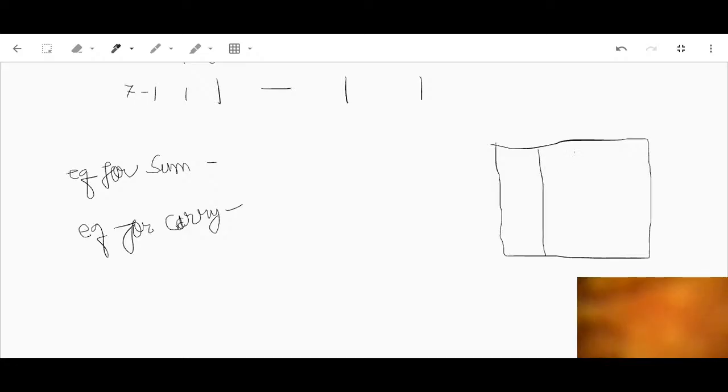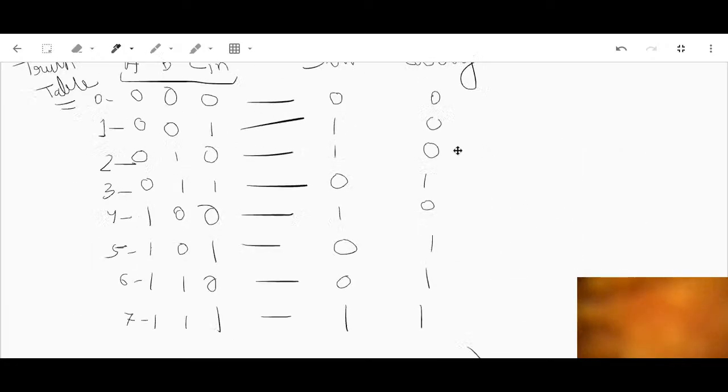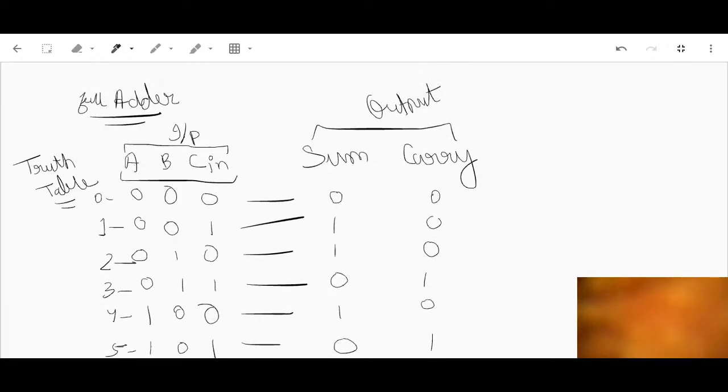So there are 4 lines vertically like that, and the one line will be horizontally. And here we'll write, there are 3 inputs A, B, and C in.